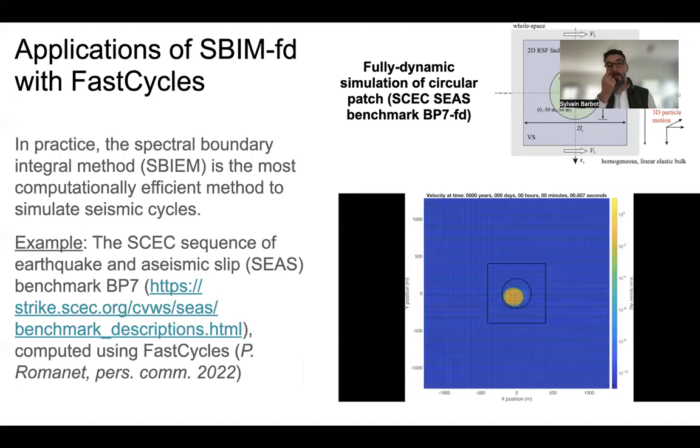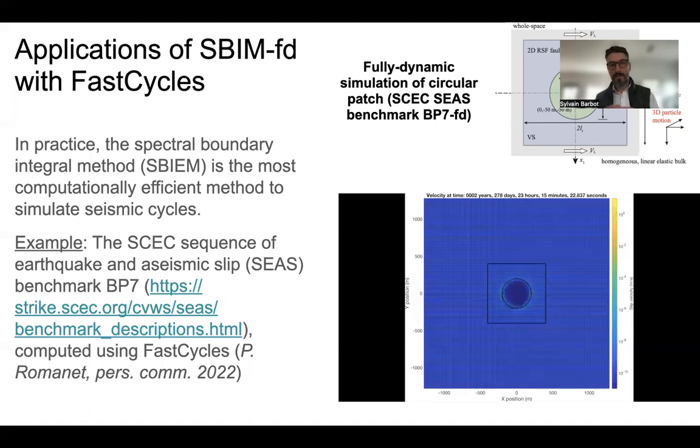So this is an example of the spectral boundary integral method provided by Pierre Romanet that illustrates the SEAS, sequence of earthquakes and aseismic slip, benchmark number BP7, that involves cycles of elastodynamic ruptures on a circular asperity embedded in a rectangular plane of fault.